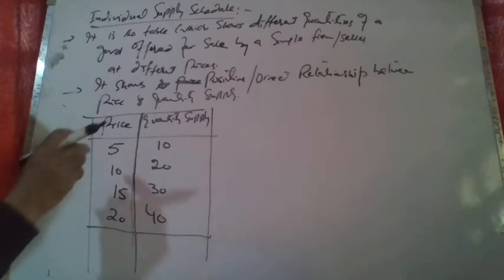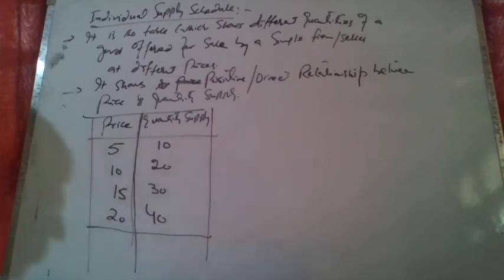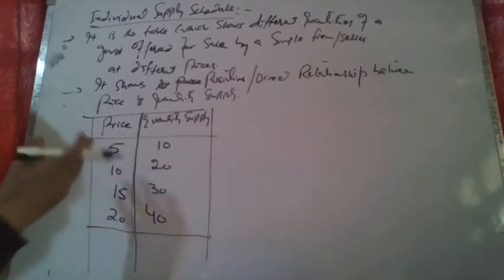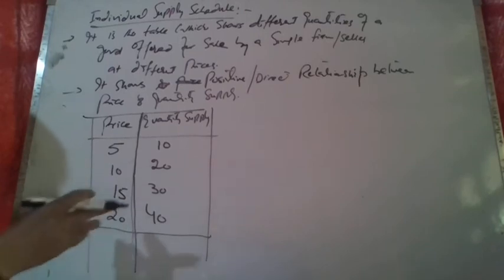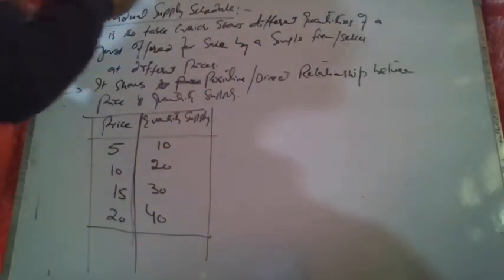When price is 5, supply is 10. When price increases to 10, supply increases to 20. As price increases, supply also increases. Direct and positive relationship between price and quantity supplied.